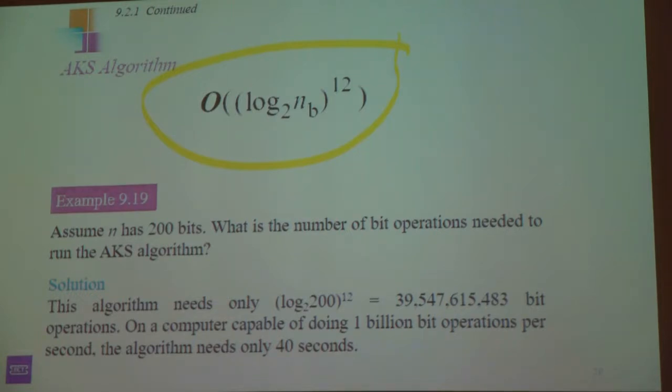Assuming the same situation, the algorithm needs log of 2 to the 100, to the power 12, bit operations. On a computer capable of running 1 billion bit operations per second, the algorithm needs only 40 seconds.